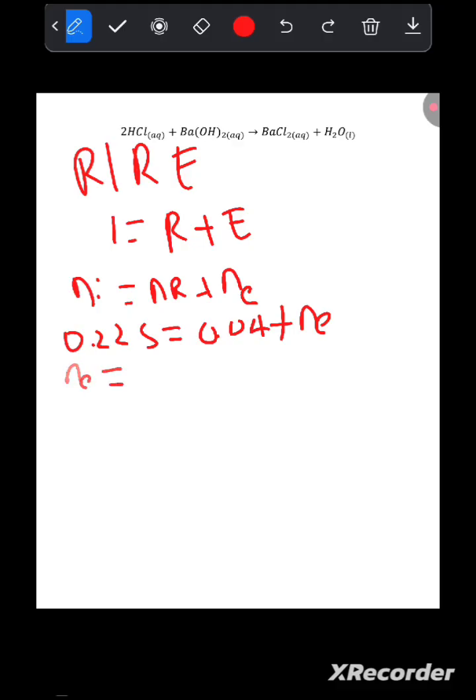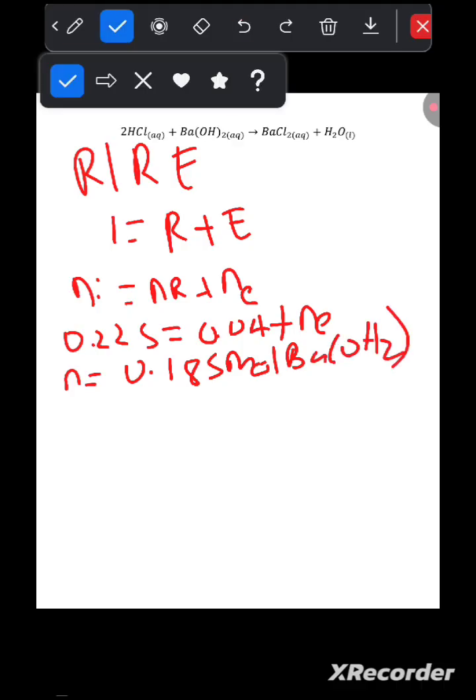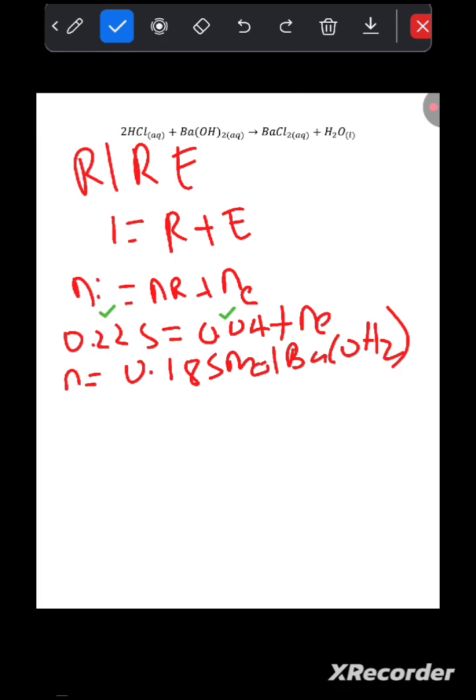The excess number of moles is equal to 0.185 mole of barium hydroxide. So for barium we've got initial, reacted, and now the excess. The two R's are the same, it's talking about the same thing.